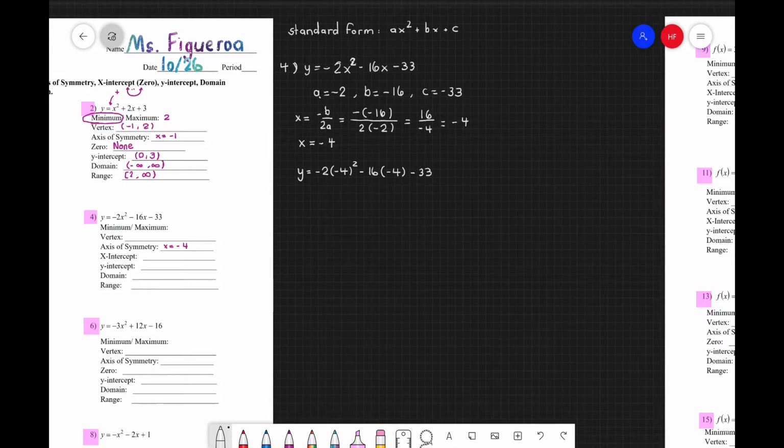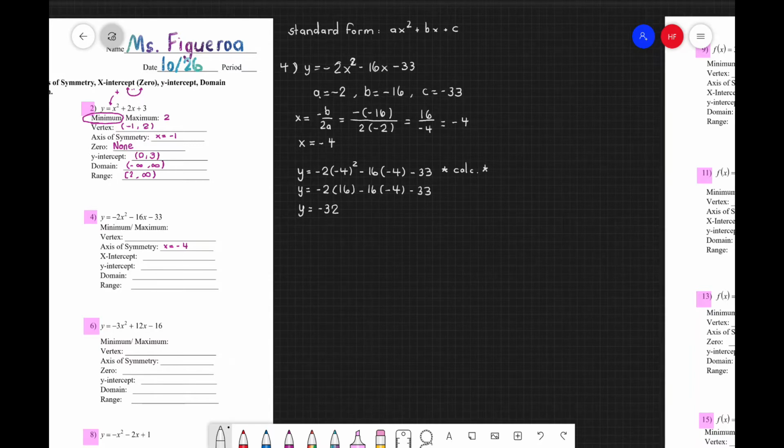So at this point, you could plug this into a calculator if you wanted to. I'm going to work it by hand. So I have negative 4 squared, which is 16. So y equals negative 2 times positive 16 minus 16 times negative 4 minus 33. 2 times 16 is 32, so we have negative 32. 16 times 4, I think is 64.